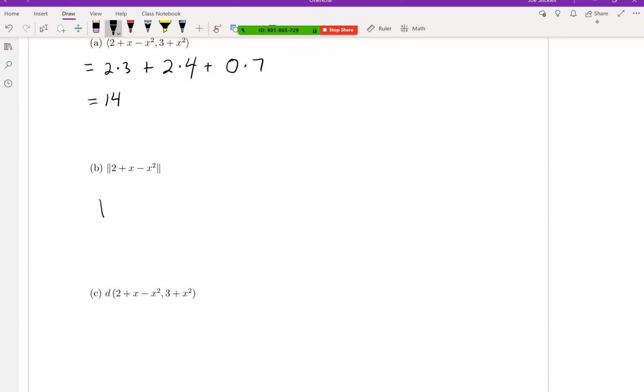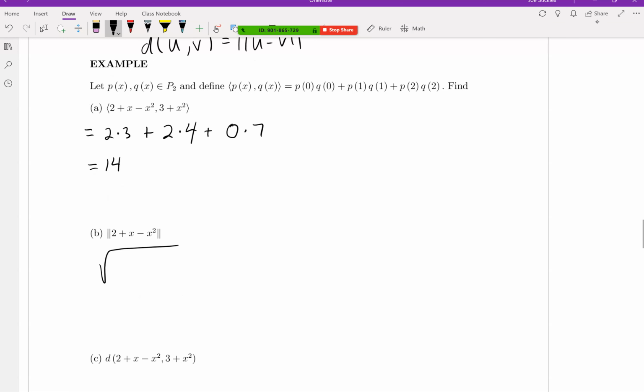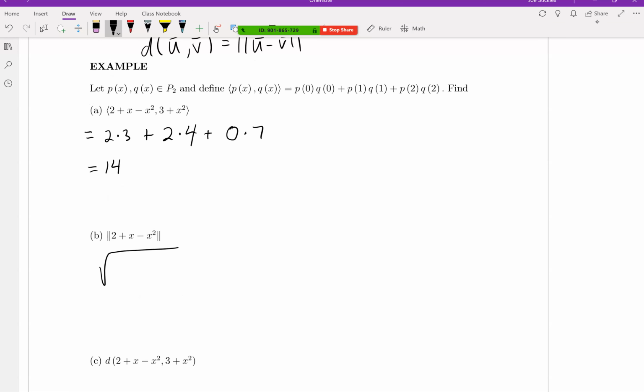Okay, so for the second one, Dr. Joe, can you explain about those numbers? How I got the 2, the 3, these numbers? Were you asking about the individual numbers? Is that what you asked? Yes. Okay, cool. All right, so notice the first part just says we're plugging in 0 to each of them, right?